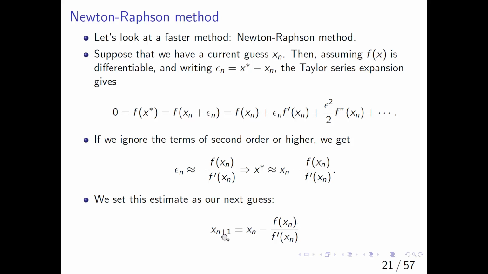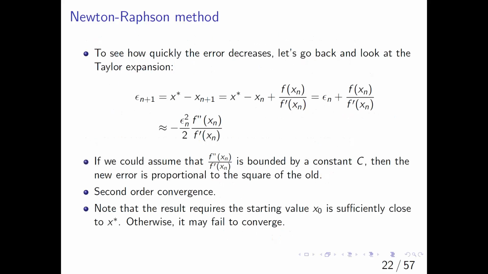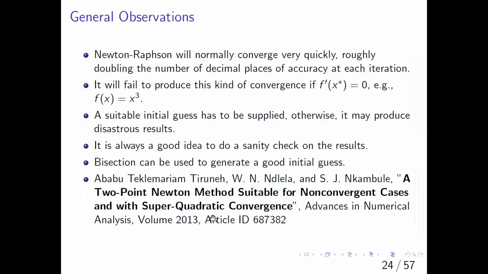That means x_n plus 1 will oscillate up and down, and never converge. So Newton method fails in some cases.